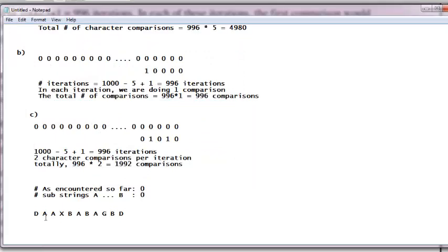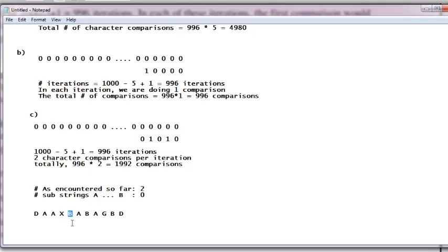Now when we look at this A, we are going to say that we have seen 1 A. Then when we are at the second A, we say we have looked at 2 A's.